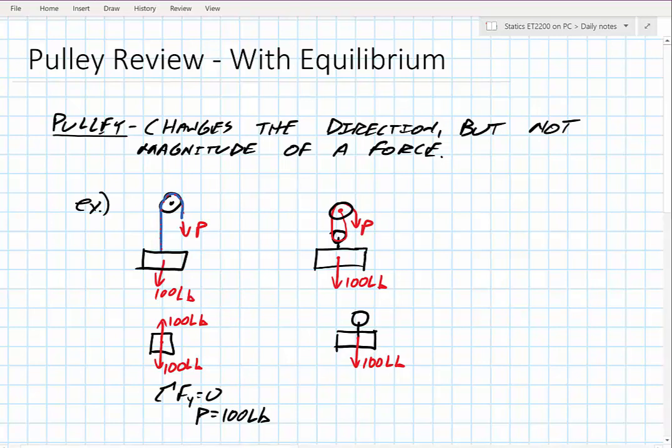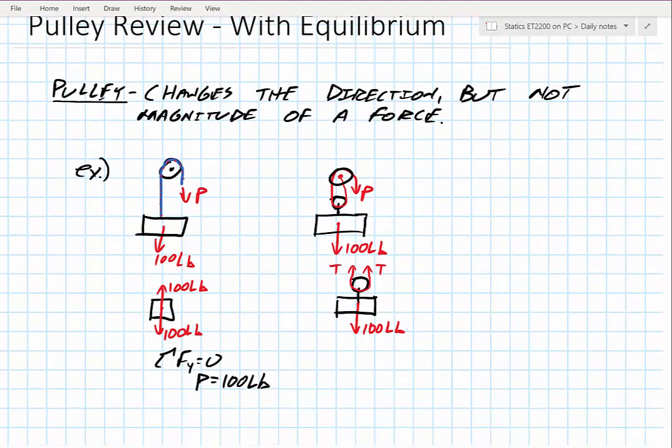This pulley has two different forces that are pulling up, and each one has to have the same magnitude P, or two T's in this case, for tension. From my sum of the forces in y equals 0, I can see that the tension would be equal to 50 pounds, half the total load.